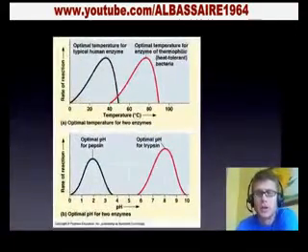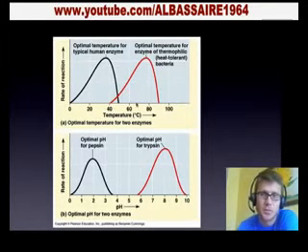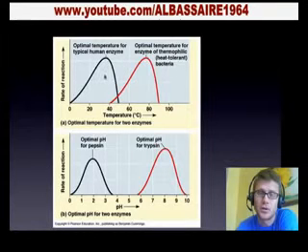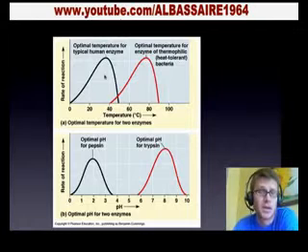Now, each of these is going to have an optimum pH and optimum temperature. For example, in us, the optimum temperature for all the proteins inside our body is going to be right around 37 degrees, right at body temperature. So they're designed to work optimally at that. Why don't they work as well when it's really cold?